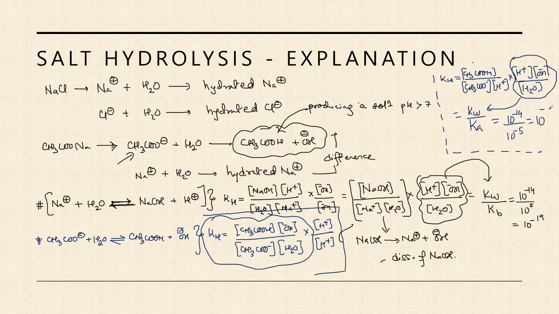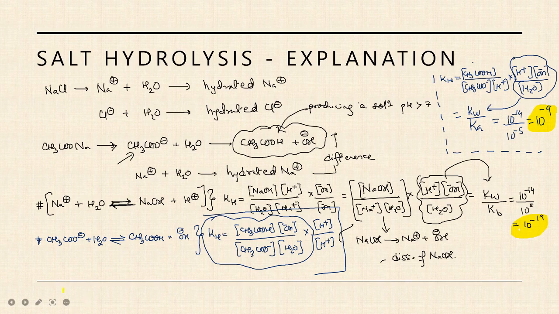This gives me a result of 10 raised to minus 9, which means this value is too large as compared to this one. If I take sodium acetate, I am getting the hydrolysis constant for acetate ion in the order of 10 raised to minus 9, while for sodium ion it comes to be 10 raised to minus 19.